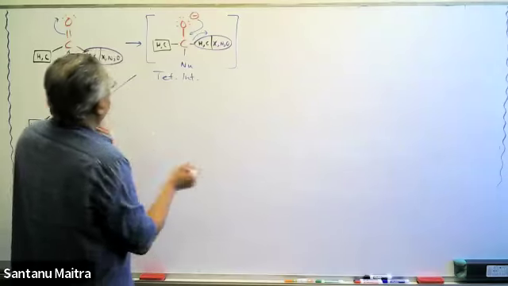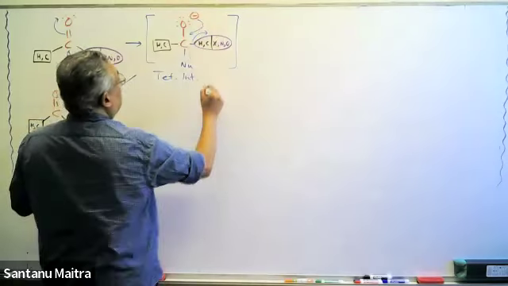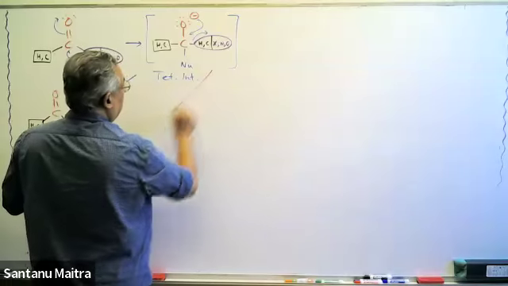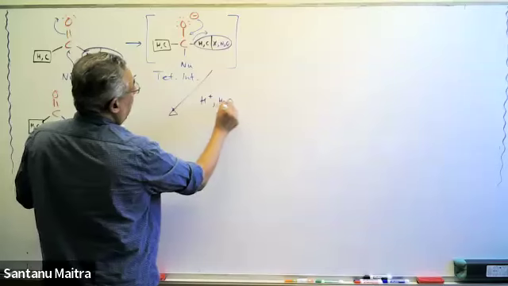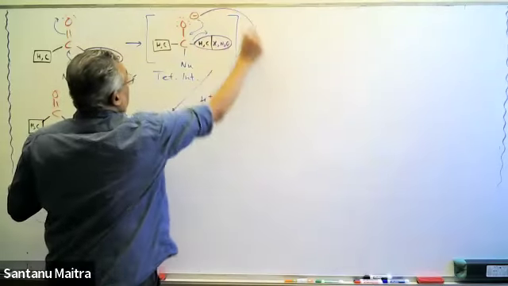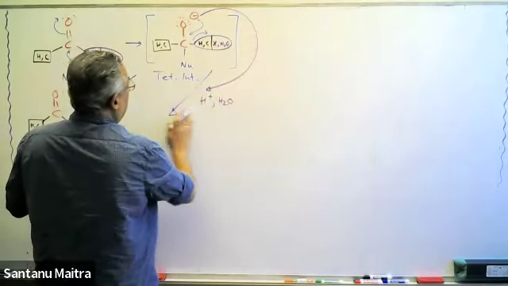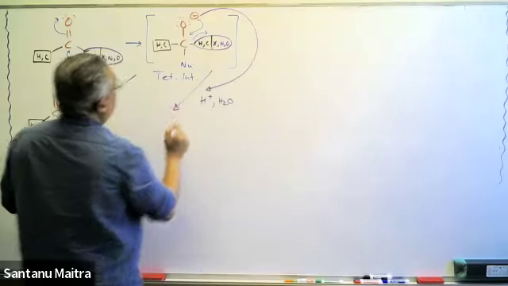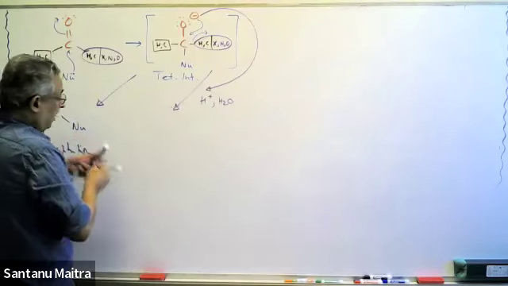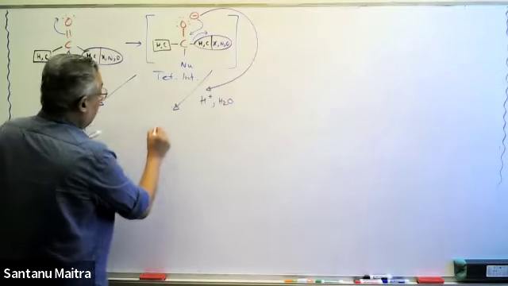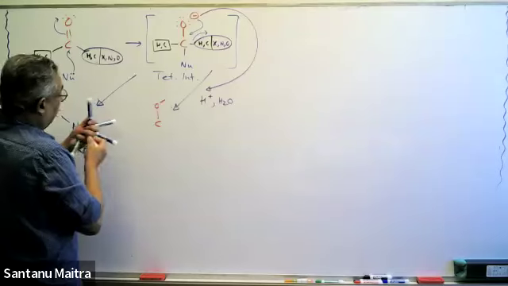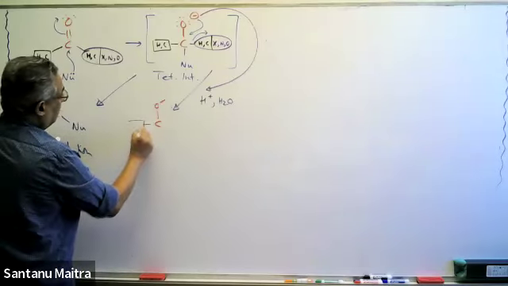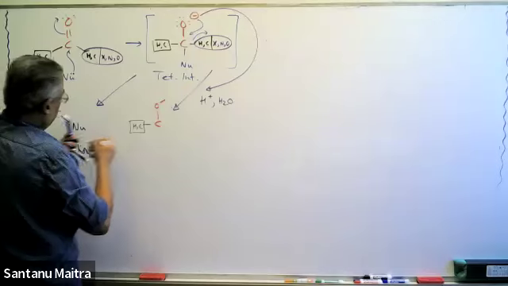Let's use purple. And this is, let's save some space. H plus and water, it grabs the proton and it produces a different brand new functional group. Everything stays. Nothing gets kicked out.